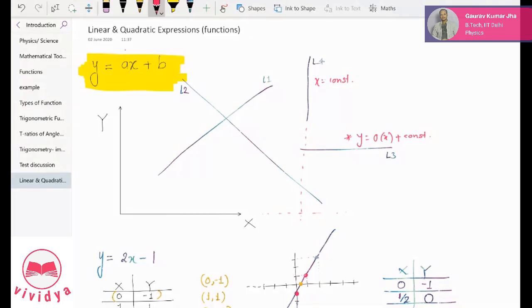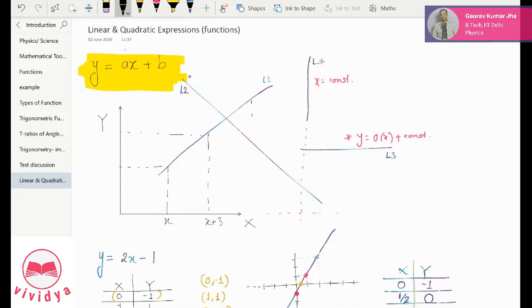So the difference that I wanted you to notice was this. For those who are not able to follow, can you see in L1, if I increase the value of X by some amount, let's say X plus 3, then you can check that the corresponding Y value is also increasing.